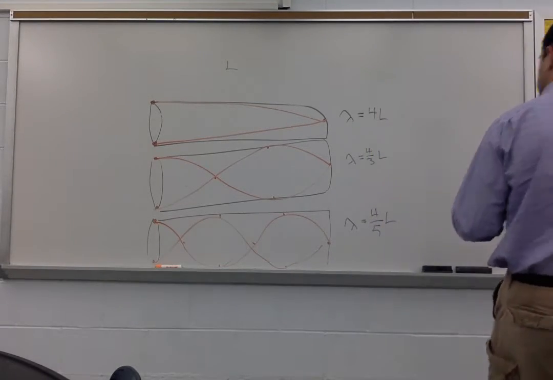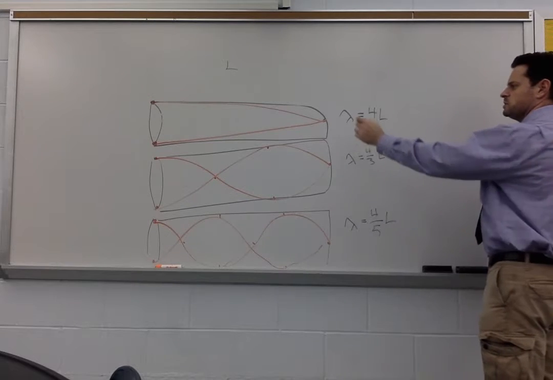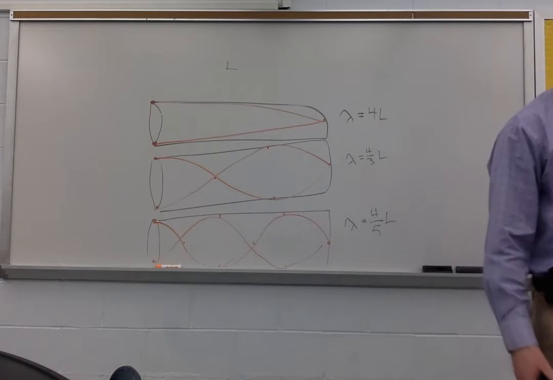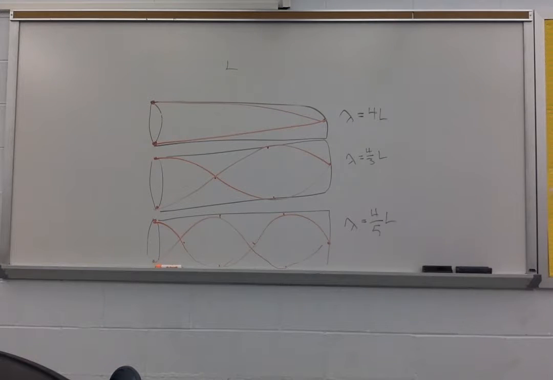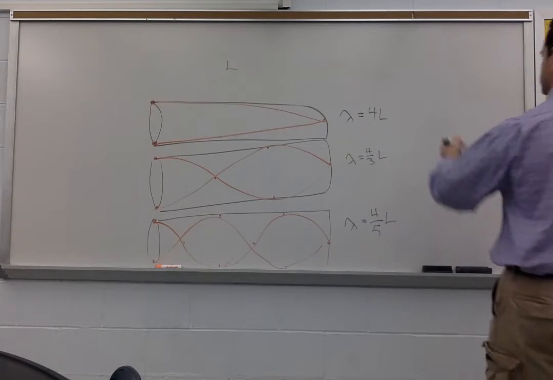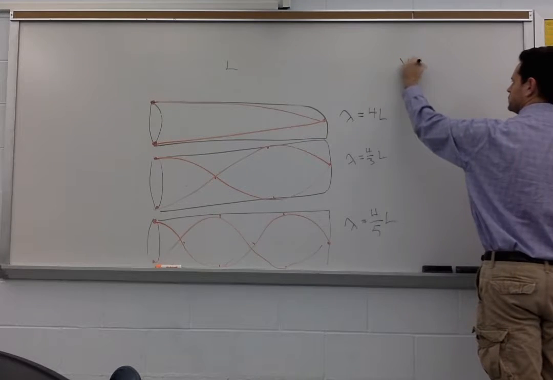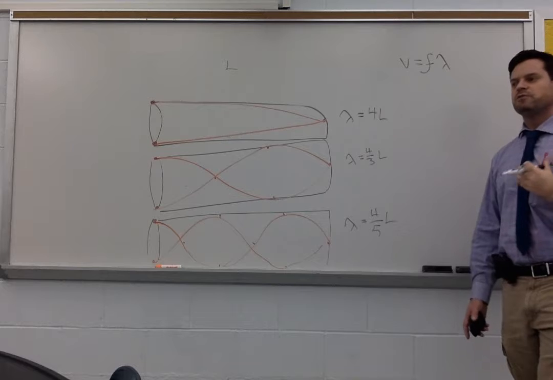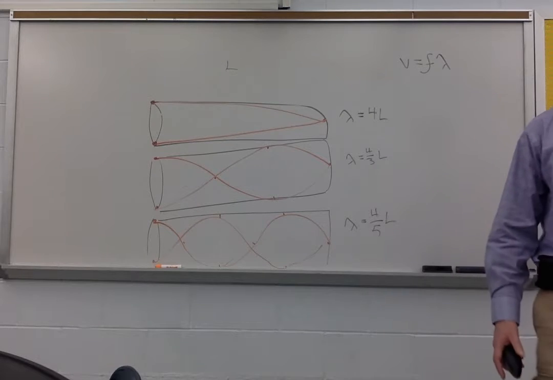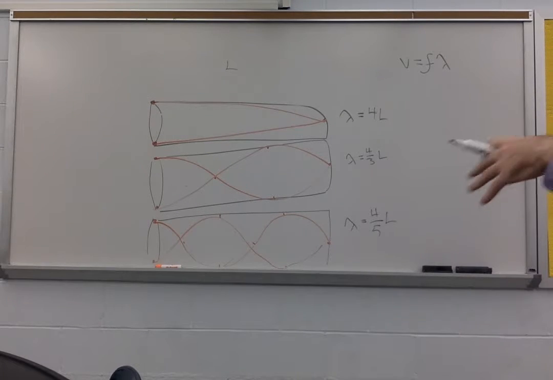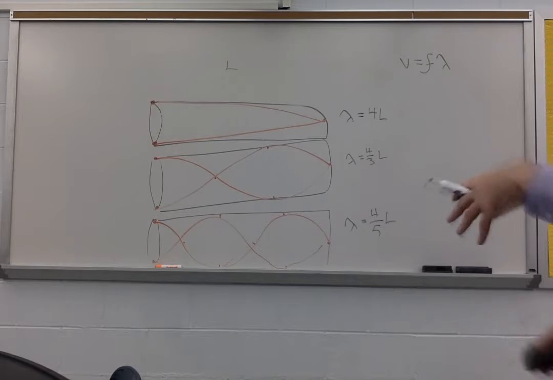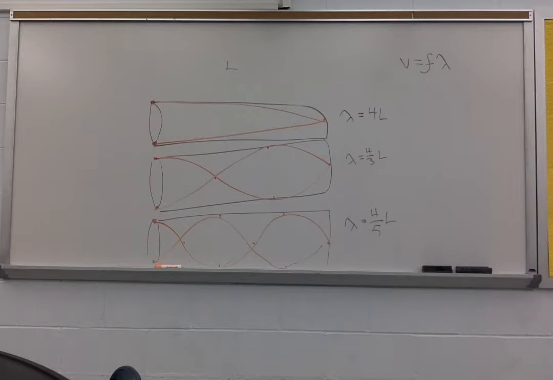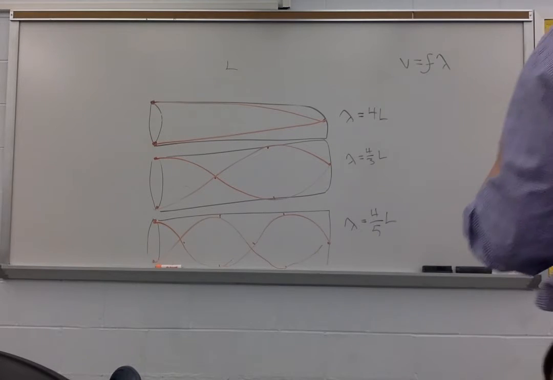What we're going to find, if we follow this and say this is the first, this is the second, this is the third harmonic, is a particular relationship. If we then went through the process of saying, well, velocity equals frequency times wavelength, and we found the frequency for each, we would find that these frequencies are not multiples of each other in the same way that the harmonics on an open-ended tube are, and in the same way that the harmonics on a string are.